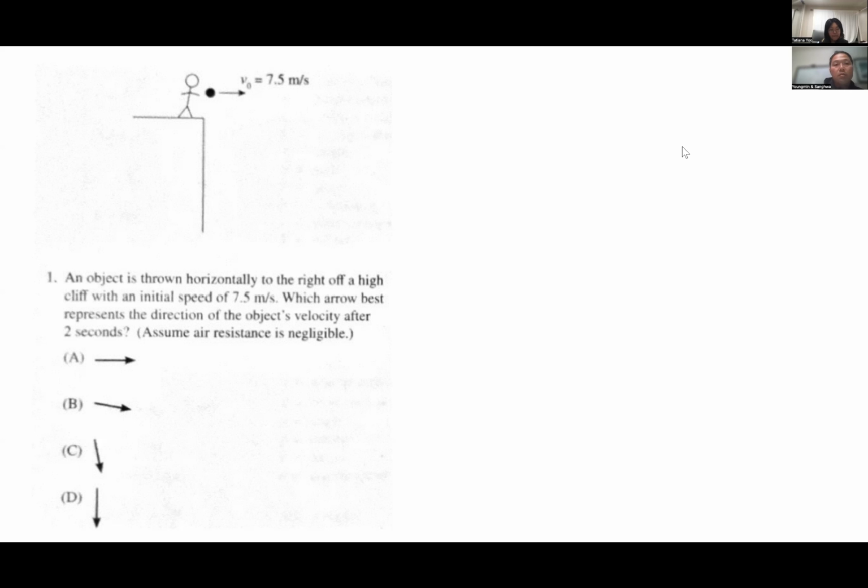When an object is thrown off a cliff, obviously it comes with a horizontal velocity component as well as a vertical component. In the vertical direction, the object has free fall motion, and in the horizontal direction, the object moves with constant velocity. So after 2 seconds, the vertical direction will have the free fall motion.